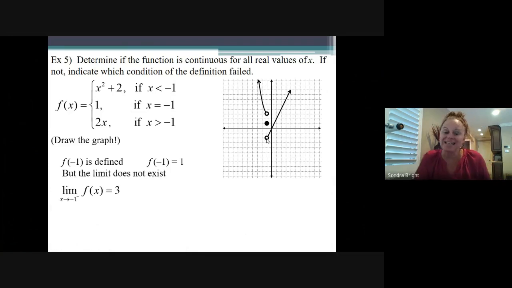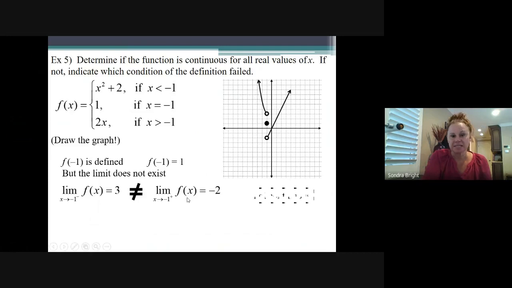And so the limit as x approaches -1 does not exist, because from the left, it's equal to 3, but from the right, it's equal to -2. And for the limit to exist, these two values would need to equal each other. And so the limit does not exist, which means it's not continuous.